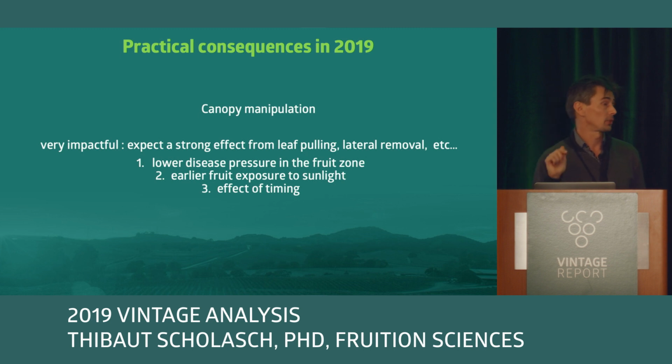However, it is a year where canopy manipulation is huge. It's very impactful, and we should expect a strong effect. First, because as Nova was saying, it will have a great impact at lowering disease pressure, which in turn will drive the amount of light that early berries pre-veraison are going to be exposed to.